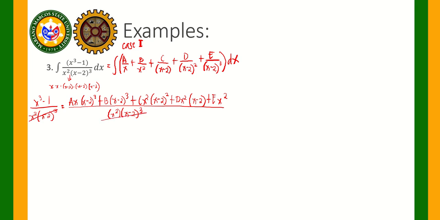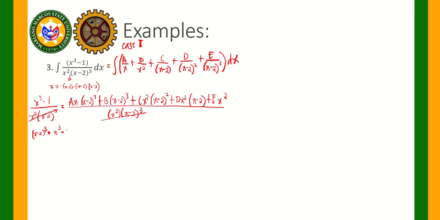So, this will cancel. Now, si x minus 2 quantity cube natin is a special product. So, if we expand this one, this will be equal to x cubed minus x squared times, meron pala tayong numerical coefficient na 3 na i-multiply dito sa part na to. Okay? So, erase lang natin siya.